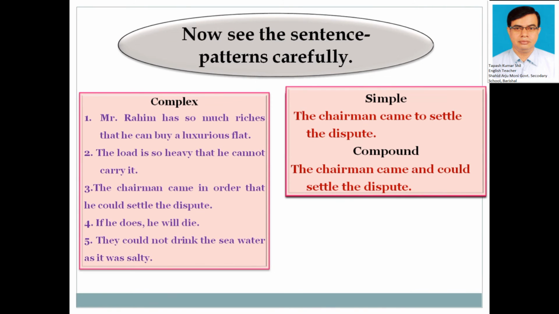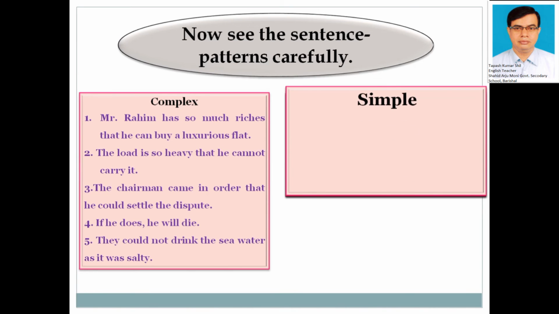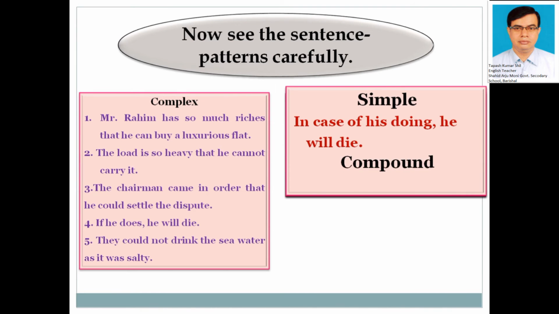Next sentence. If it does, he will die. Turn the sentence into simple and compound. Simple. In case of his doing, he will die. Compound. Let him do and he will die. Sentence number 5.